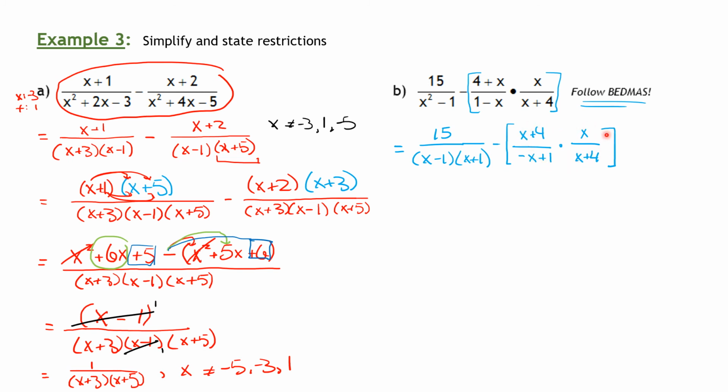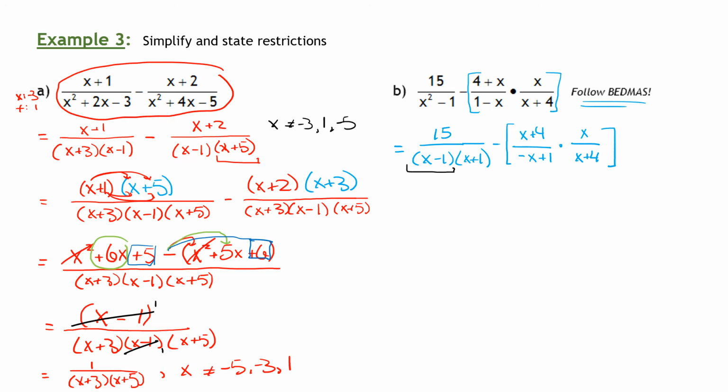We want to follow BEDMAS. I should emphasize that you could find common denominators first, change the denominators, but we couldn't actually do the subtraction piece until the multiplication's done. So let's do the multiplication first. Remember how to multiply. Oh, sorry, we have to do our restrictions.